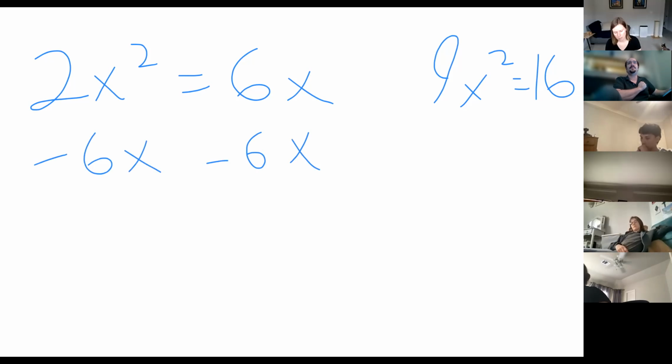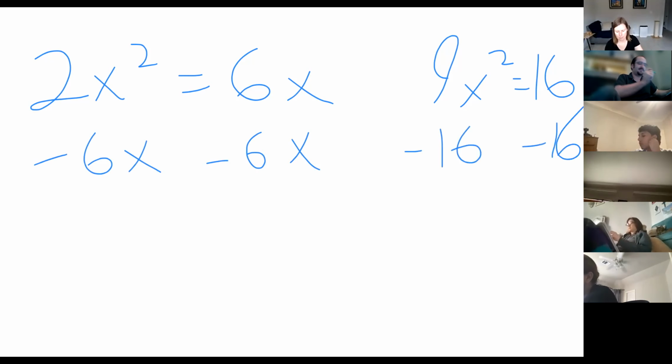On 14B, we're going to subtract 6x. It should be the first thing you do. You want to make one side equal to 0. I am in the 13B, sorry. And with E, right? What's the first thing we want to do there? For your E, same thing, set it to 0. Yeah, you subtract. This should be your first approach.